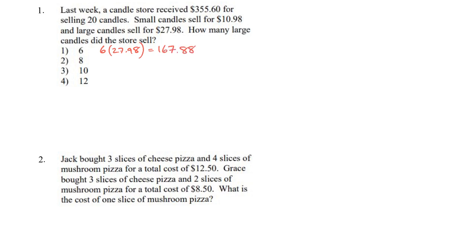and that gives me $167.88. Okay, so let's subtract that from the total amount. If I do 355 and 60 cents minus 167.88, that gives me $187.72, which would be the amount of money that they brought in from small candles.